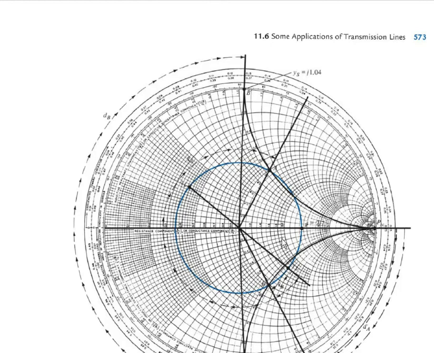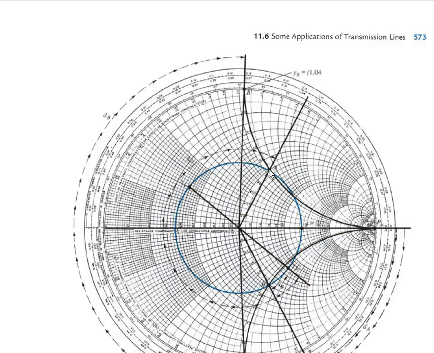For that, after drawing this VSWR circle, you check where the R equal to 1 circle is. If we are speaking in terms of admittance, you can check the G equal to 1 circle. The R equal to 1 circle is the same as the G equal to 1 circle. So this represents the R equal to 1 circle.